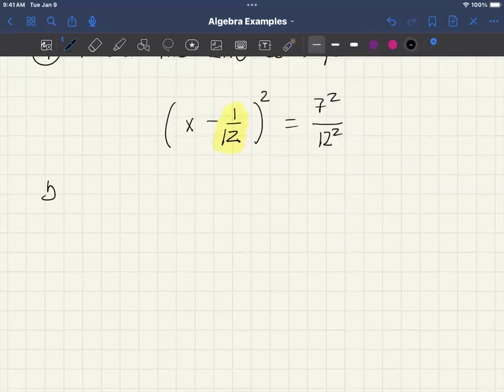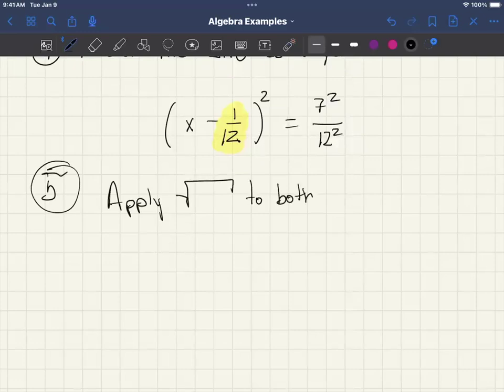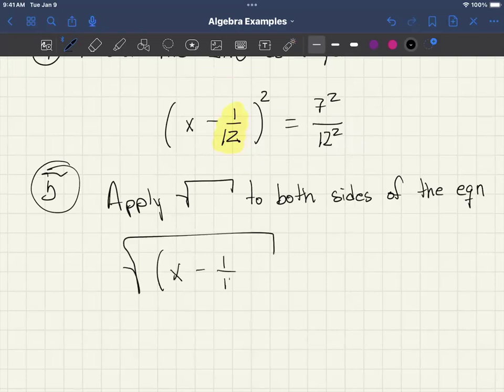Okay, last step. We are finally on step 5. I know these get to be long. We are going to apply the square root to both sides of the equation. So if we take the square root of (x minus 1 over 12) quantity squared, it is equal to the square root of 7 squared over 12 squared.